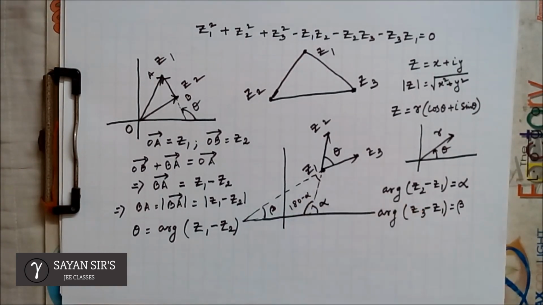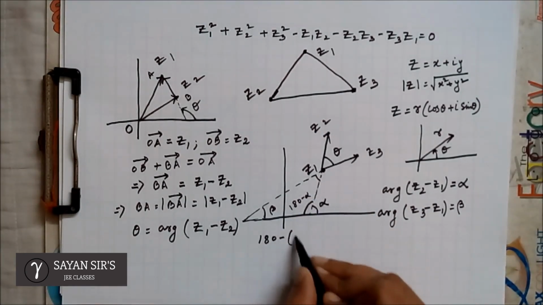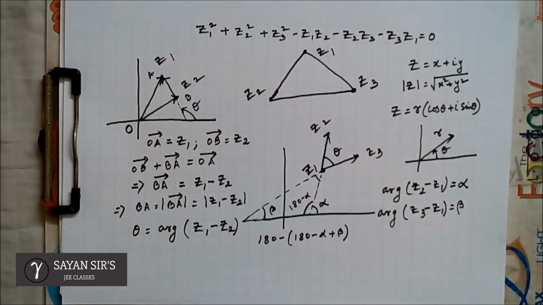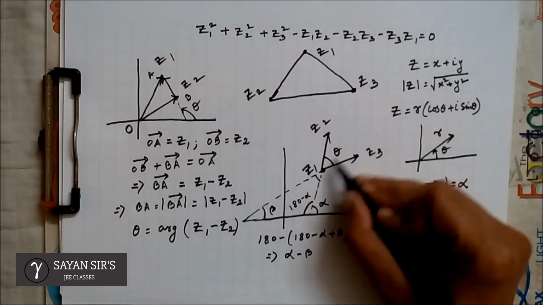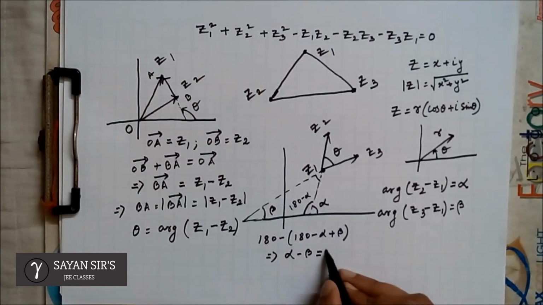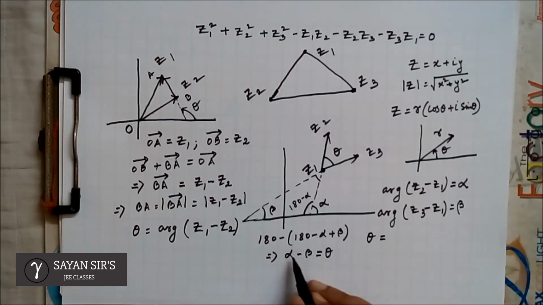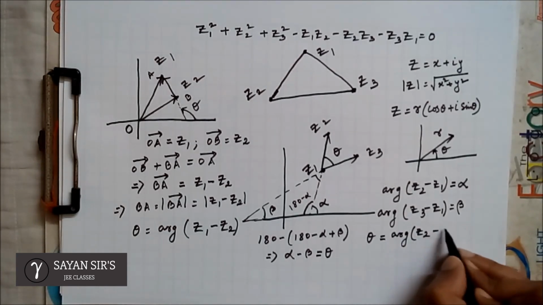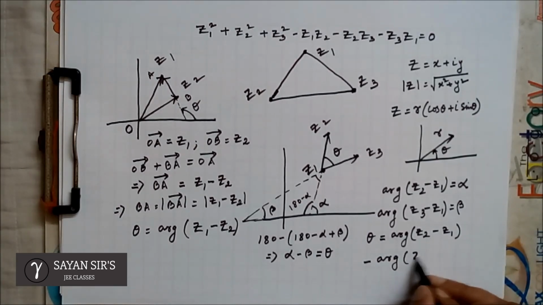So this angle will be how much? 180 minus 180 minus alpha plus beta, because the sum of three angles of a triangle is 180 degrees, so that becomes alpha minus beta, and because these two angles are vertically opposite, theta will be represented by alpha minus beta. So theta being equal to alpha minus beta, we can say that theta is argument of Z2 minus Z1 minus argument of Z3 minus Z1.